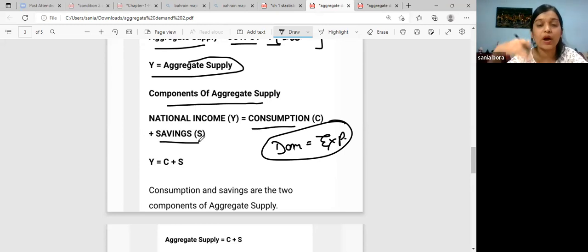If I ask you what are the components of aggregate demand in a two sector economy, you will say consumption and investment. But if I ask you the components of aggregate supply, you will say consumption plus savings. Consumption plus investment are part of aggregate demand, but consumption and savings are part of aggregate supply. Got the point?